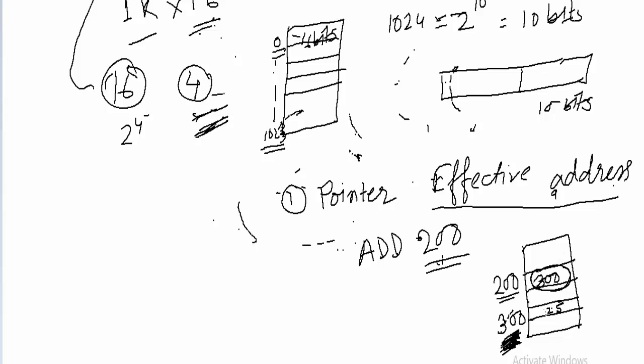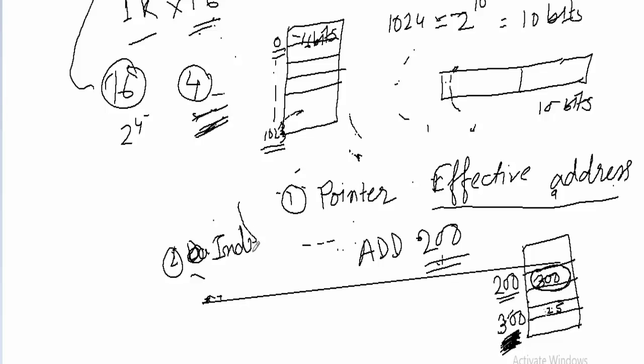Using this idea we implement the pointer. So we learned that an advantage of using addressing modes is pointers, and this is the way, using the effective address, we can implement the pointer. The other advantage is indexing of data. What is indexing of data?